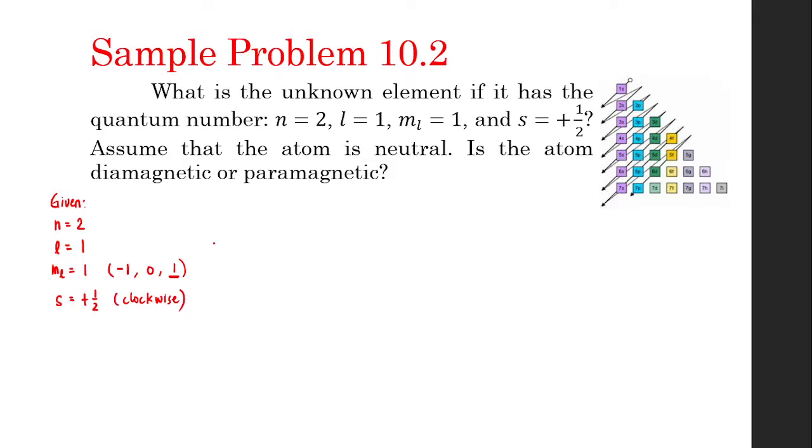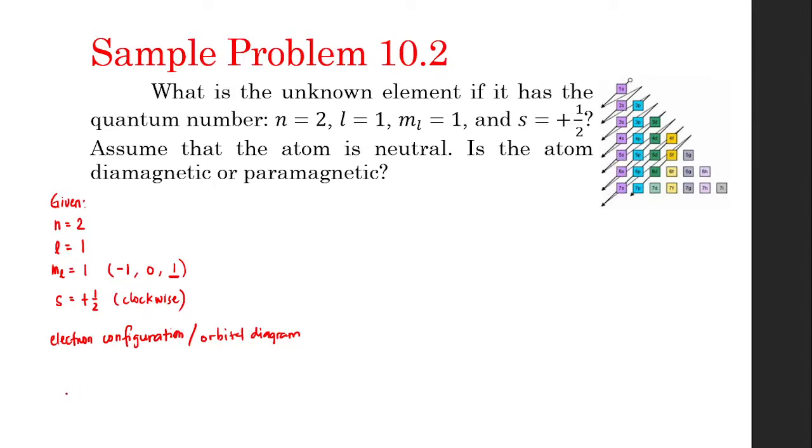First, let's find the electron configuration and our orbital diagram. Our first clue is our main level n is 2, so it means we are past our 1s.